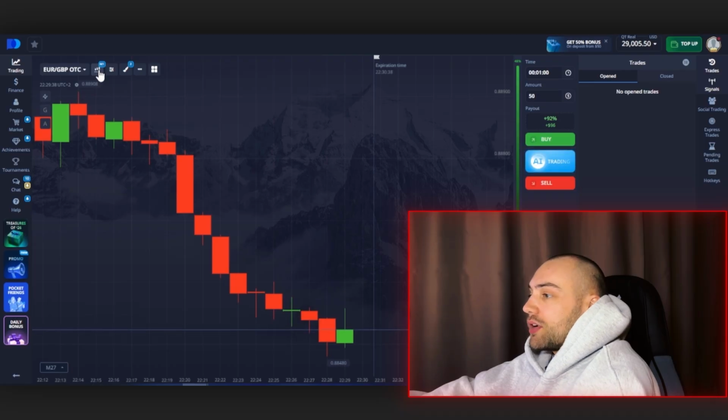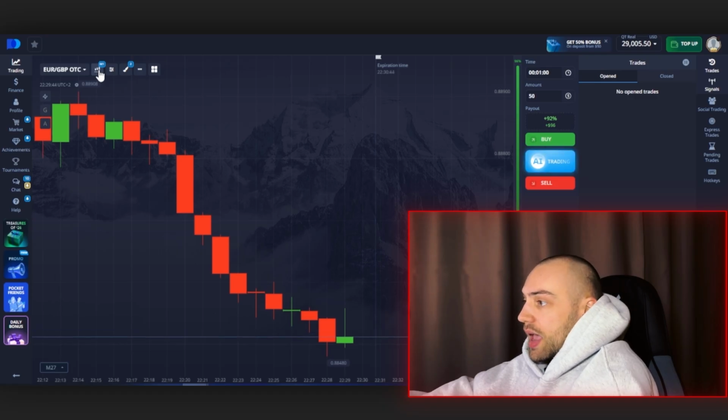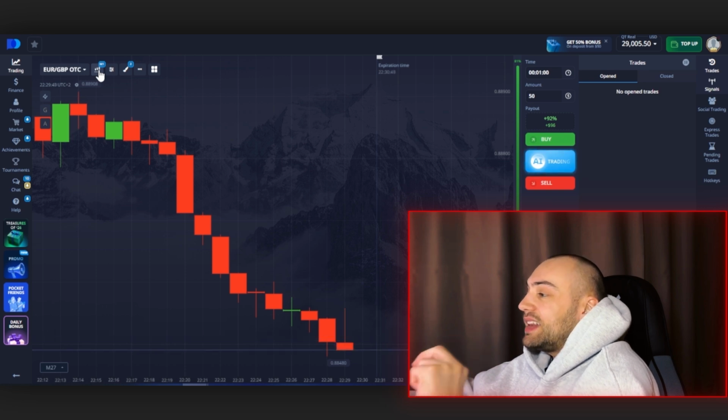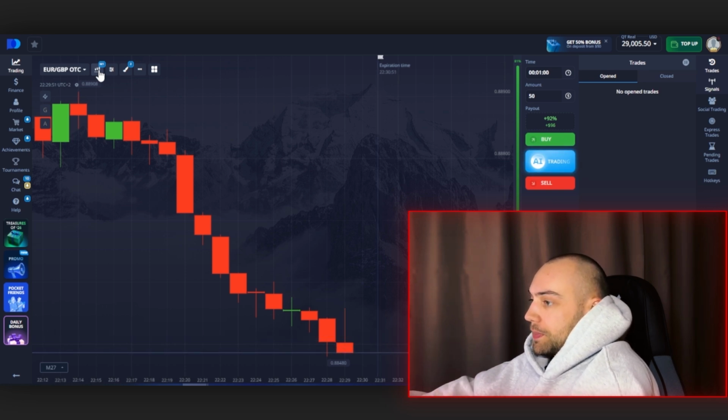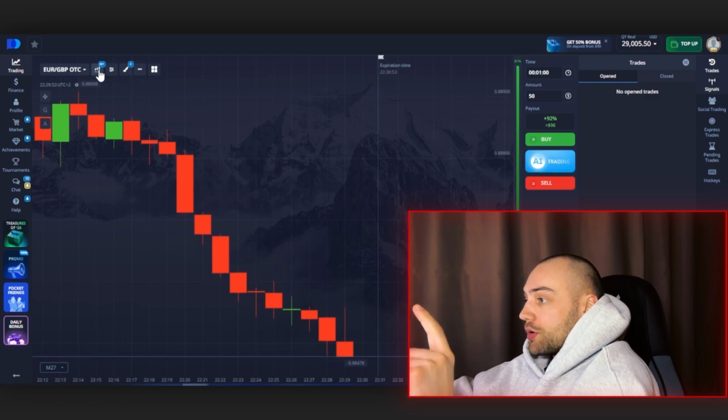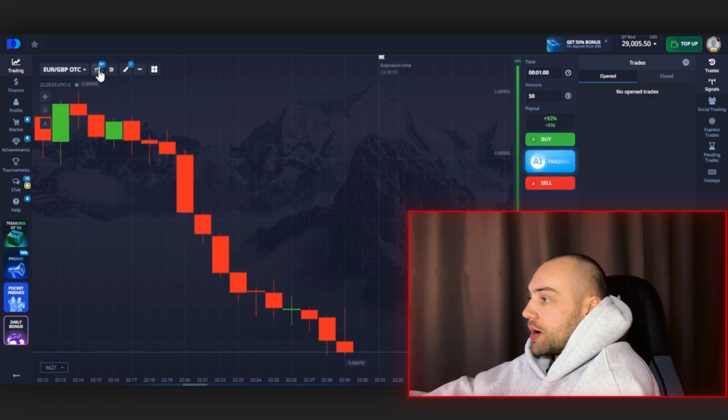How do we recognize a pullback? There was a breakout, the price then returned to the level and held, and a reversal candle appeared. This is an ideal entry point. If it broke upward, we wait for a pullback and open a buy. If it broke downward, we wait for the pullback and open a sell.